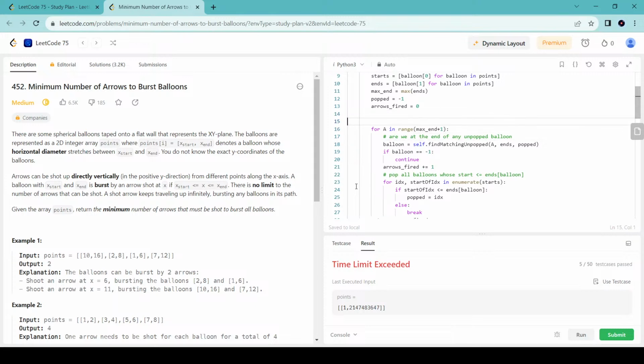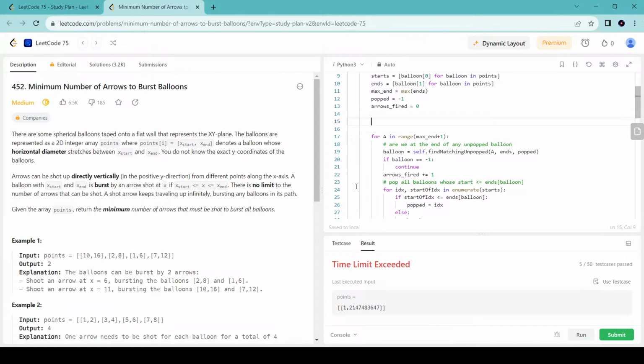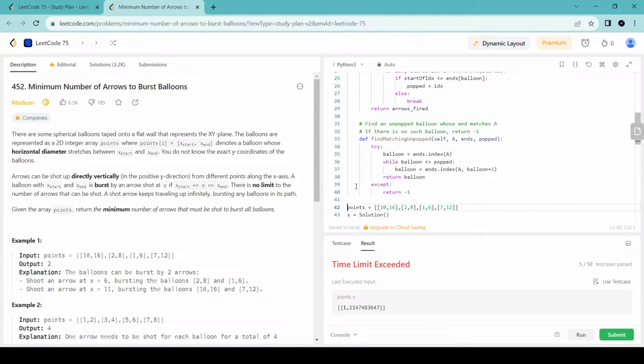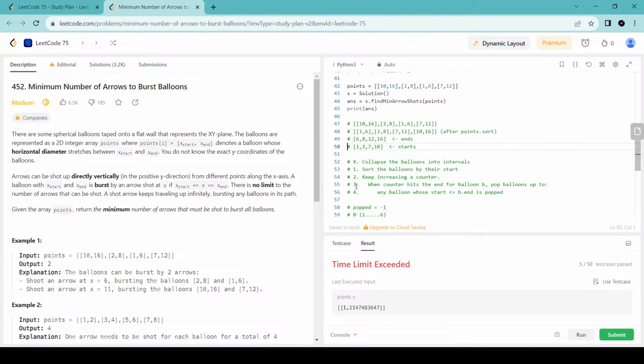We want to iterate first, and we want to find the smallest integer, n's, which, like I said, n's are the ends of the balloons.